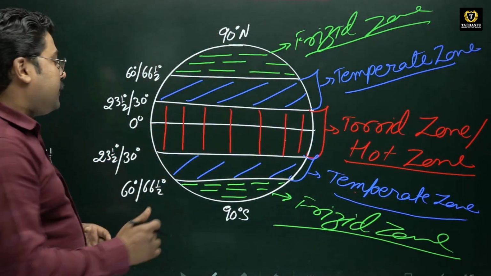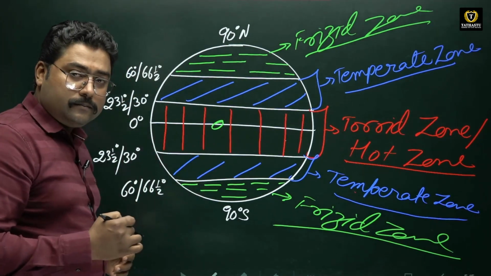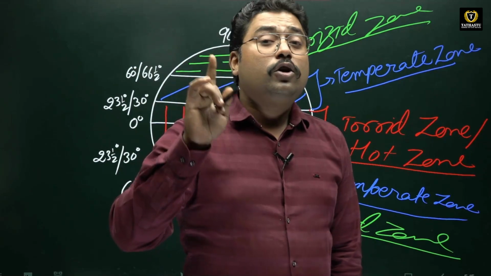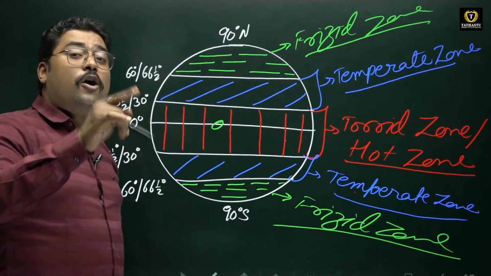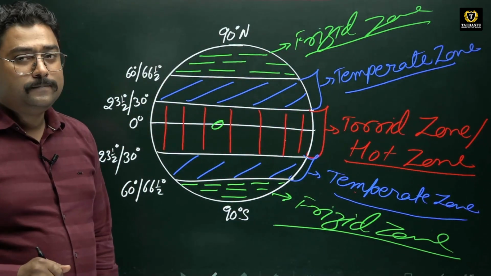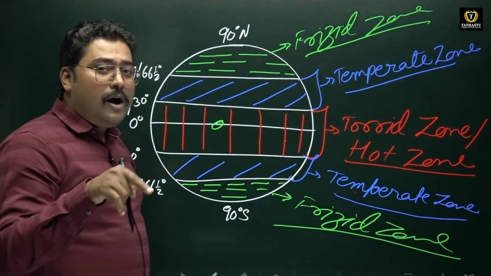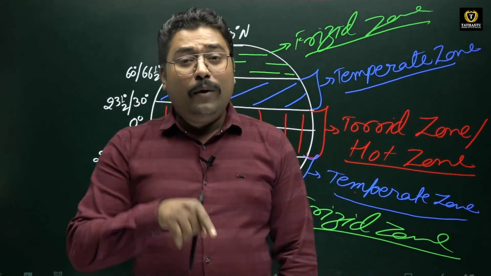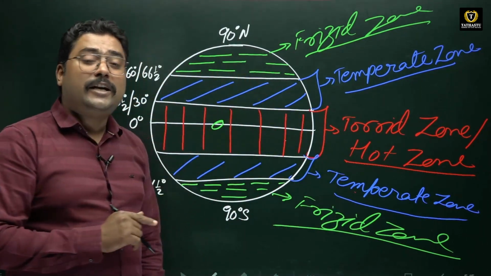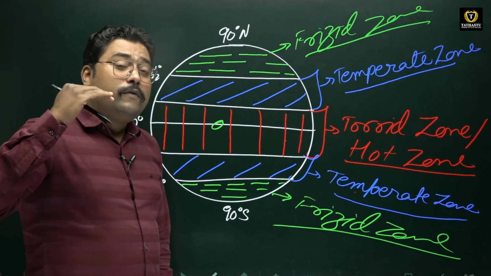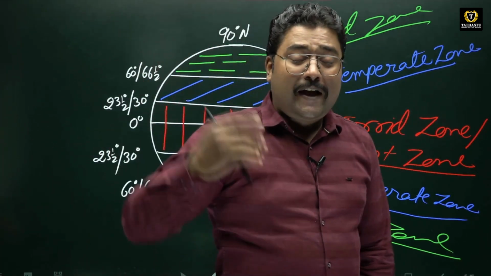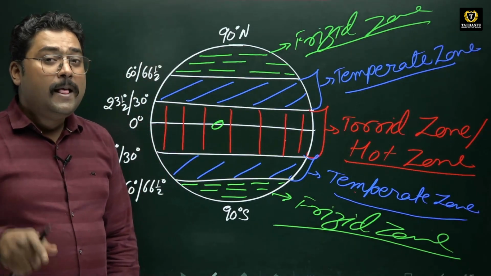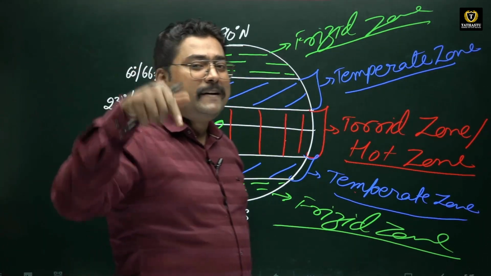Suppose any place which is present on equator will experience vertical sun rays throughout the year. So torrid zone, hot zone, and in hot zone no ice can be found. But as we know, our atmosphere is an open system, and in our atmosphere with increase in height the temperature decreases over a distance of 165 meter by 1 degree Celsius and 6.5 degree Celsius per kilometer. Means with height the temperature will decrease.